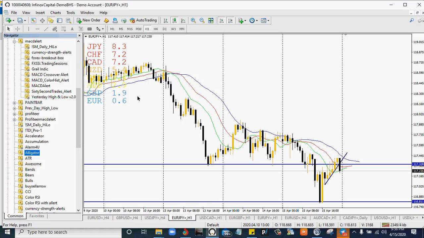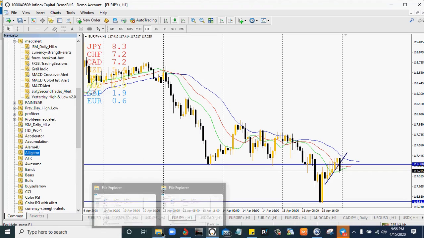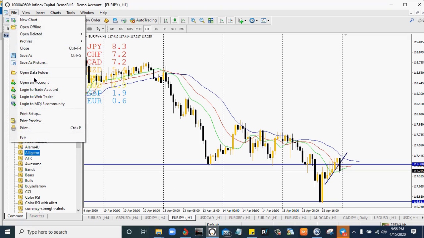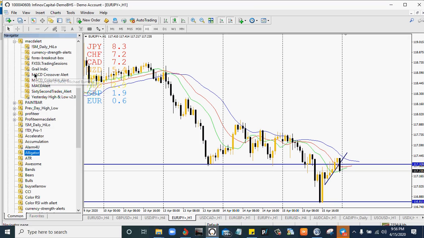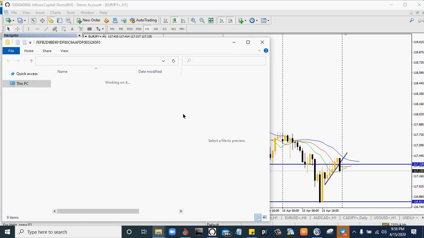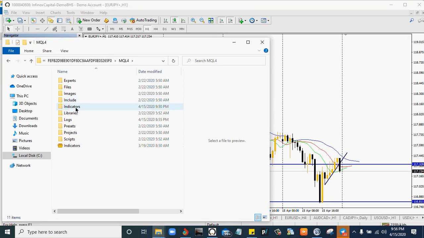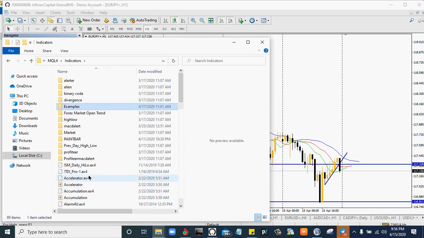Okay, so if it is installing from my laptop, I think I explained it already. You have it on your laptop. Then you go to File, open Data folder, open MQL4, open Indicators, then copy it where you downloaded it and paste it inside this place.